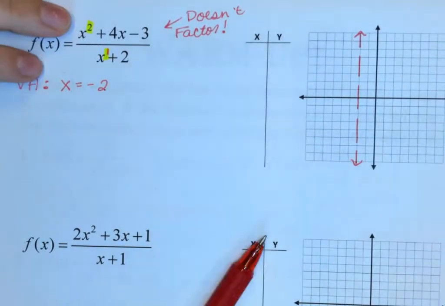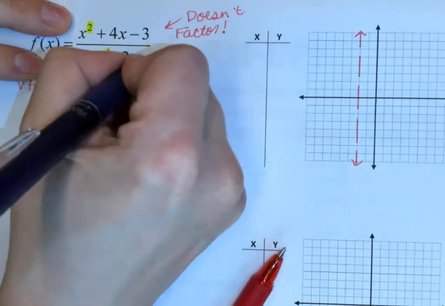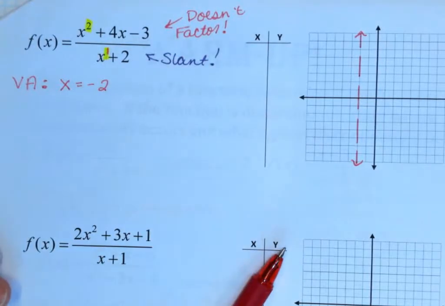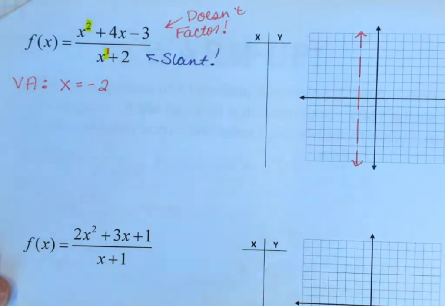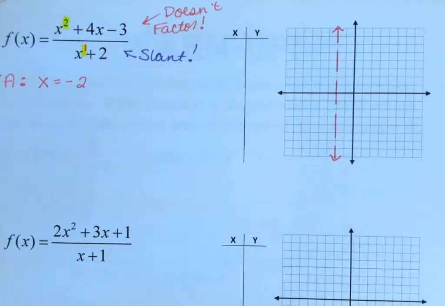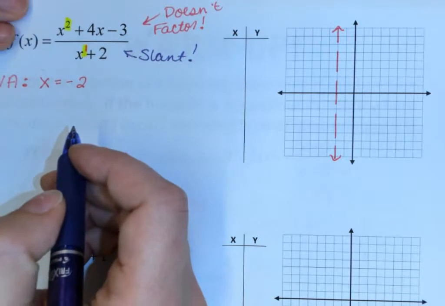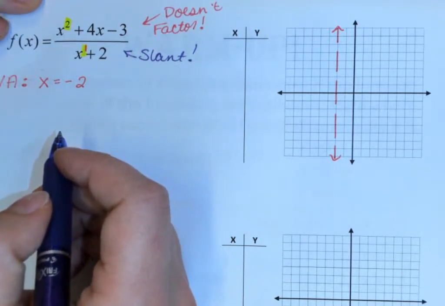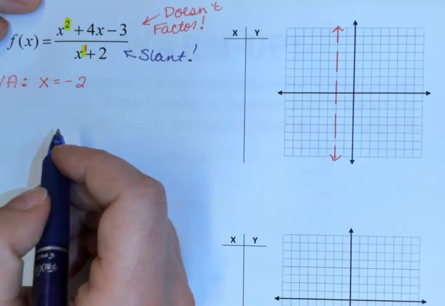So we are going to have a slant asymptote here. You have a couple of different ways you could do this. I don't care which way you do it. You can do long division or synthetic division. Long division is actually not that bad.